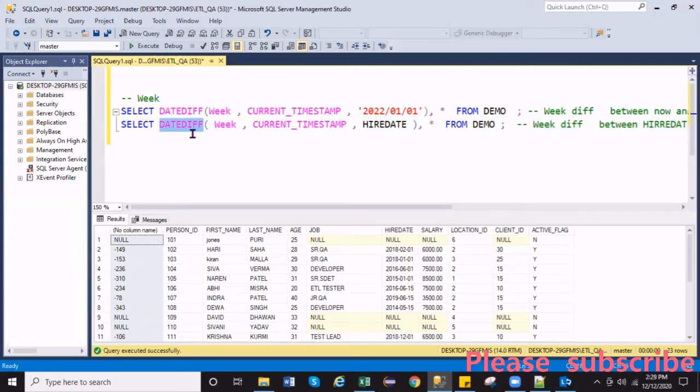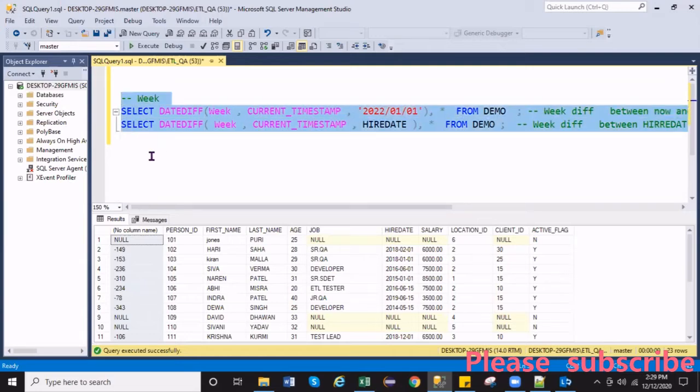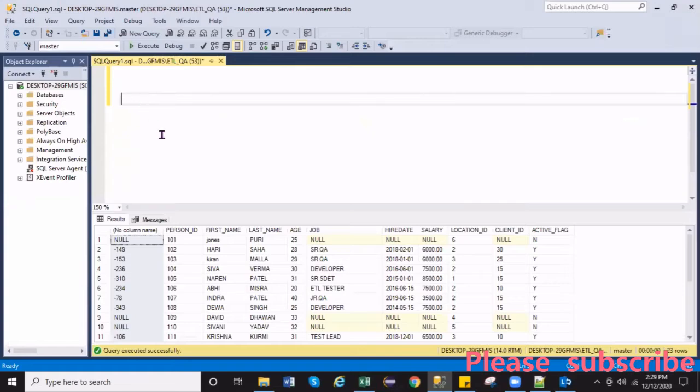You have to find the current timestamp minus your year difference, month difference, and day difference. And then you will know exactly that today I am this many years, this many months, and this many days. Like I am 25 years old, 3 months and 5 days, things like that. So we'll go over it after some time.